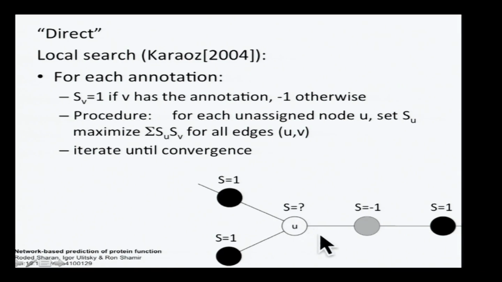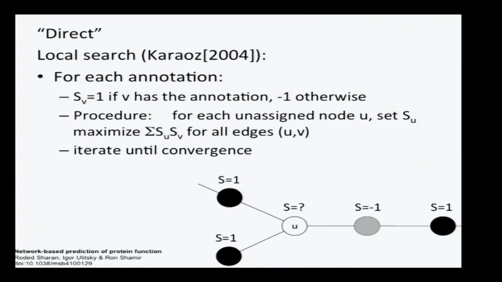So I'm going to take the sum of the products of u and all of its neighbors. Okay, so in this setting, if I set u to +1, then I do better than if I set it to -1, right? Because I'll get +1, +1, -1. So that'll be better than setting it to -1.